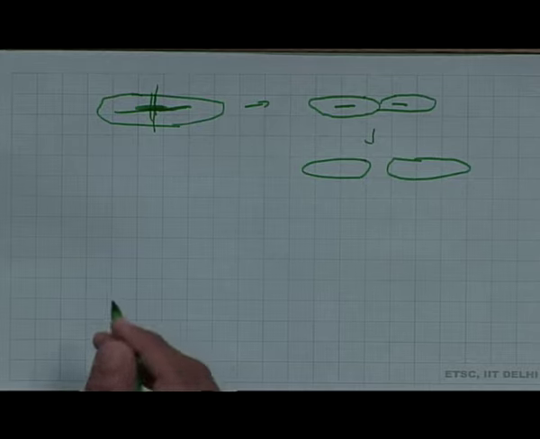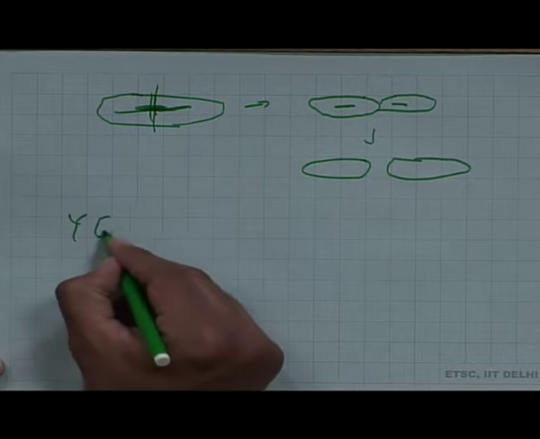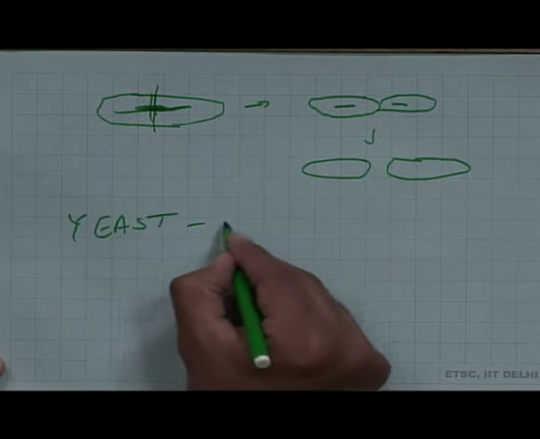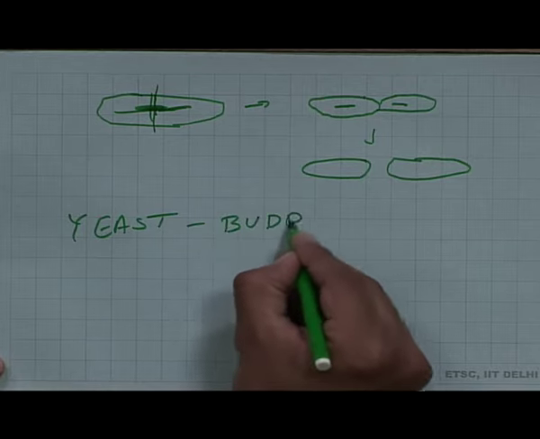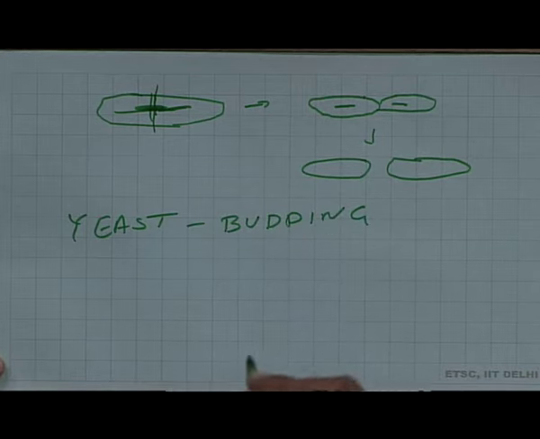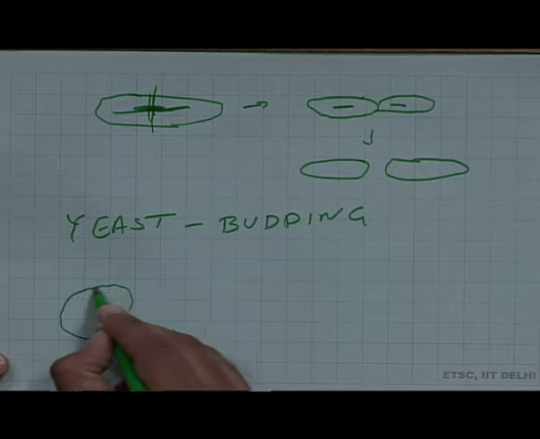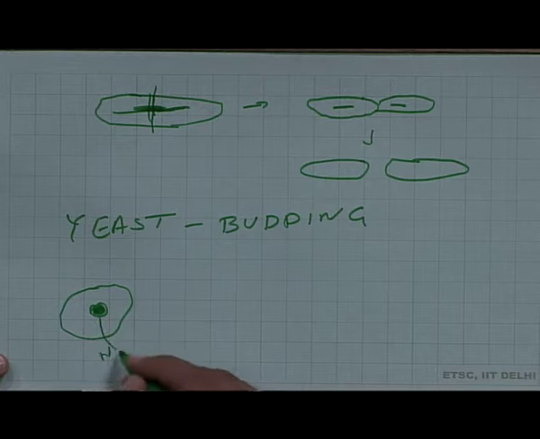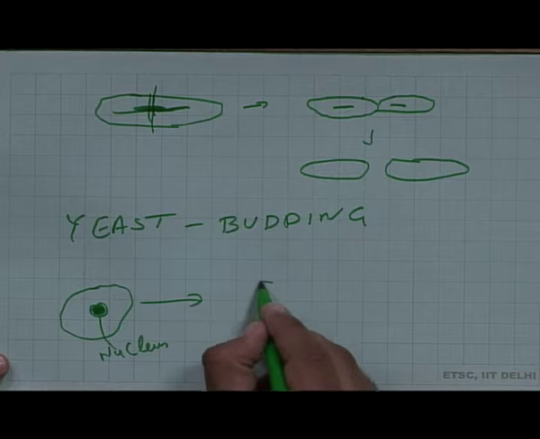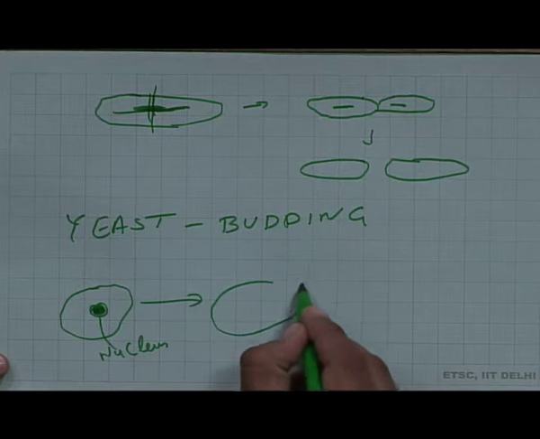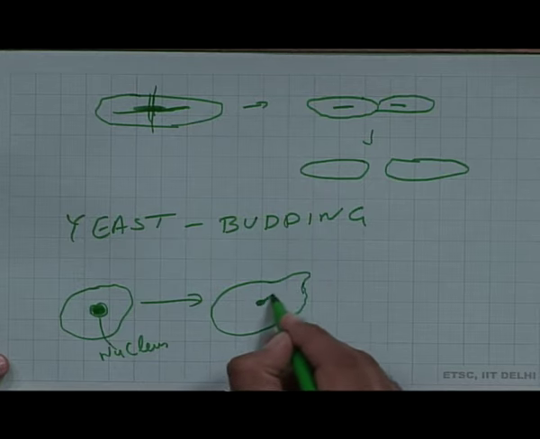In the case of yeast, it is a budding process, okay. So, what happens here is that you have a yeast cell, you have a nucleus, and let us say a bud is formed and this nucleus is elongated, okay.